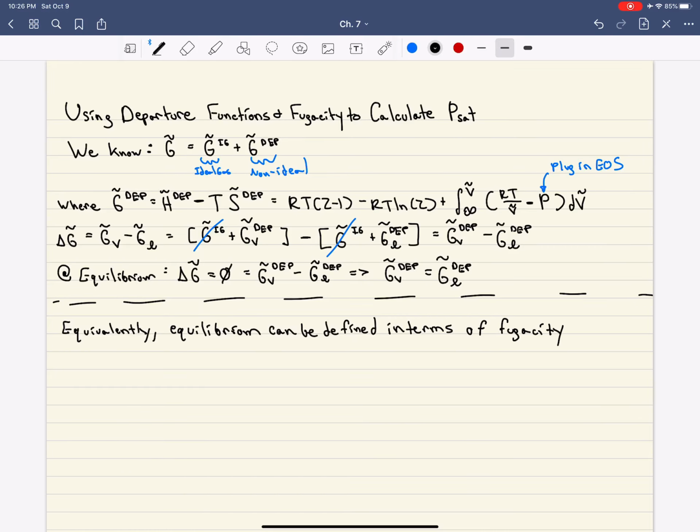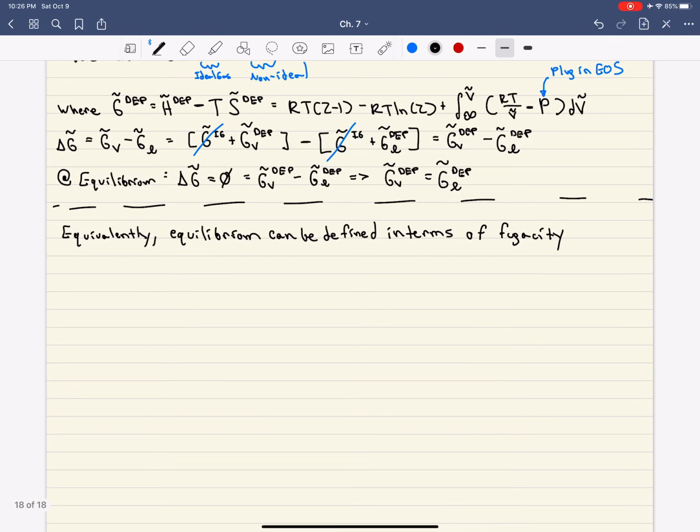Fugacity, which is commonly abbreviated as F, is defined like this: fugacity is your pressure times the exponential of your G departure function divided by RT. That's just mathematically what fugacity is defined as.